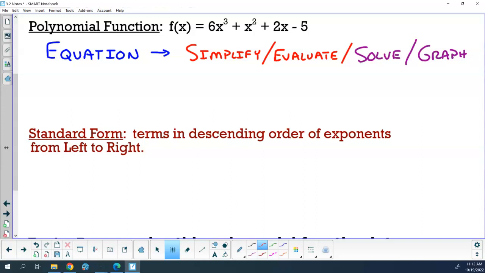It has the terms in descending order of exponents from left to right. So what I mean by that is you've got the biggest exponented term as your first one.